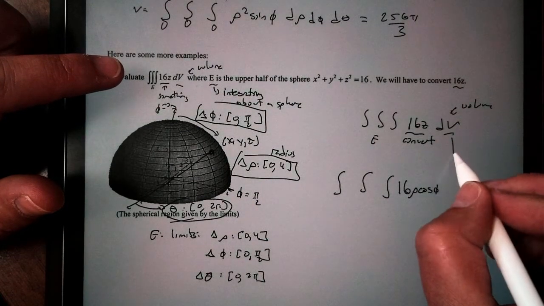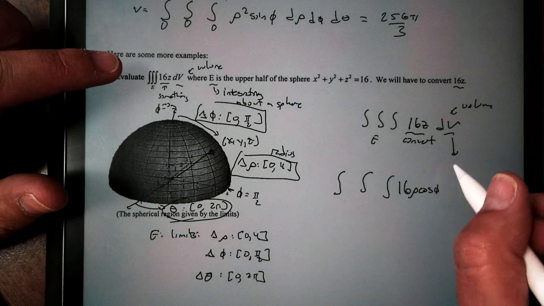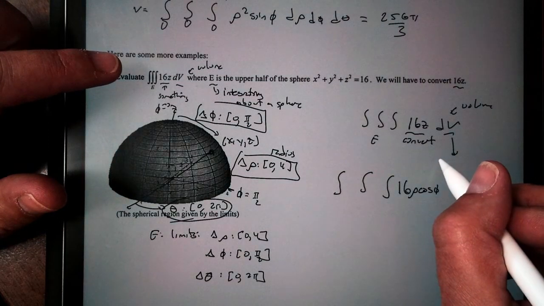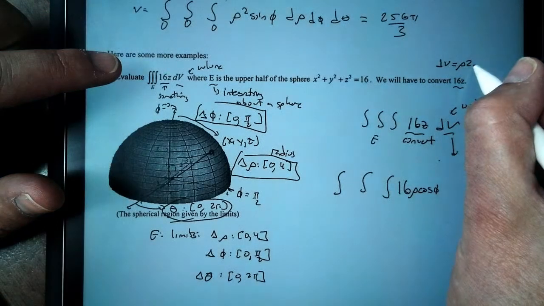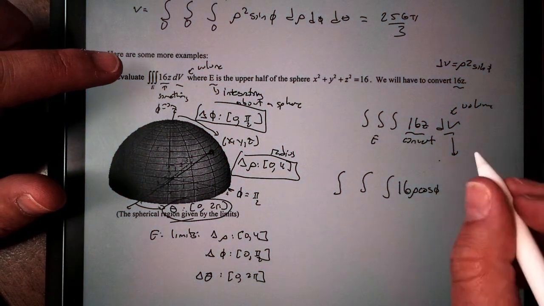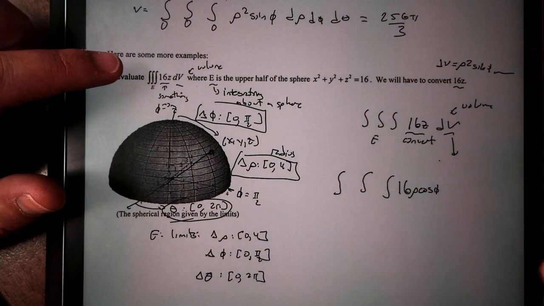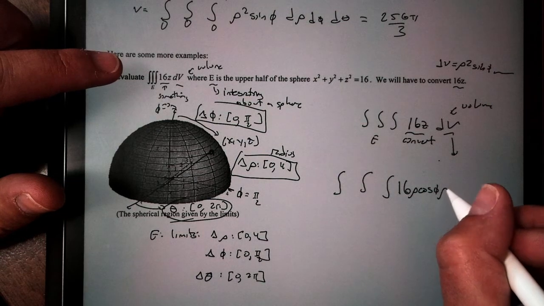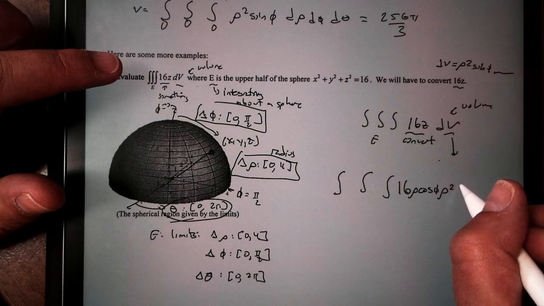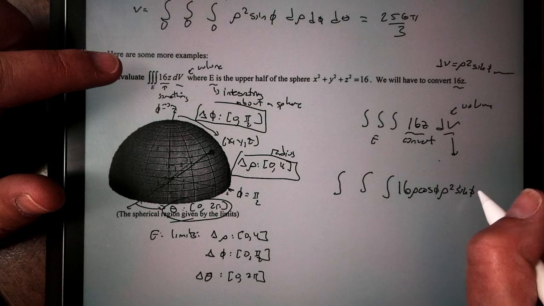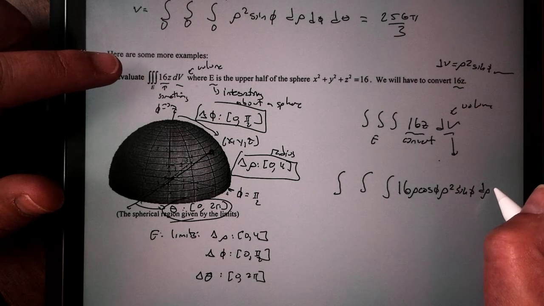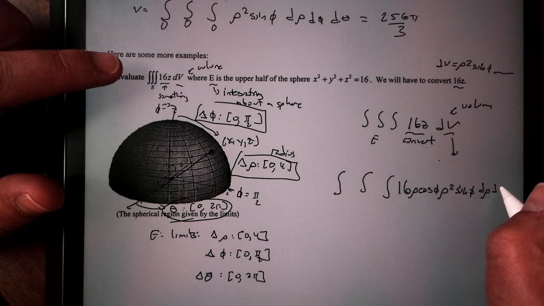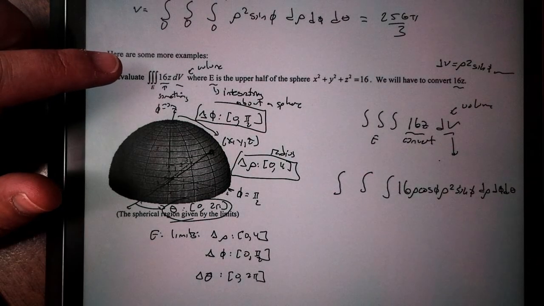But remember, dV in our new coordinates is rho squared sine phi. And then this, of course, has our variables here. So we can go rho squared sine phi, and then we have our d rho, d phi, d theta.